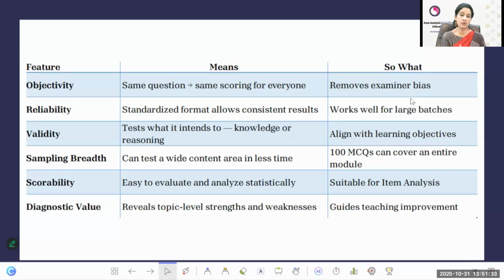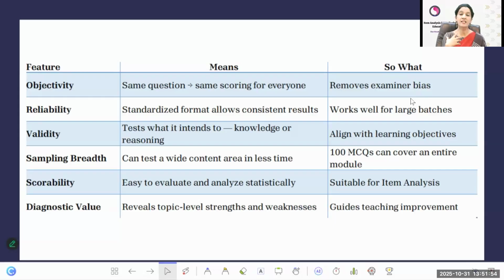And it has diagnostic value. What do I mean by diagnostic value? It will suggest, and we'll see this in today's example itself, that the responses of the test takers will tell you which topics they have understood well and which they have not understood.